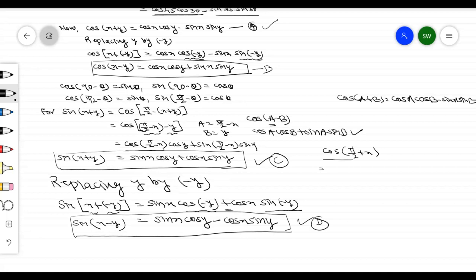So this is a plus b, so this will be cos pi by 2 into cos x minus sin pi by 2 into sin x. So the cos pi by 2 is 0, and 0 into cos x will be 0.